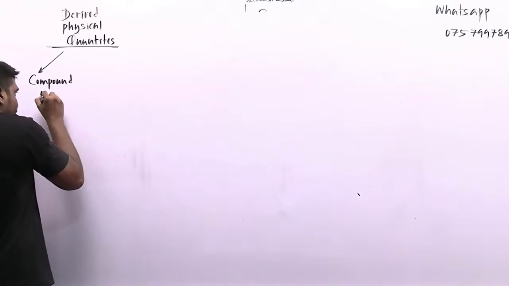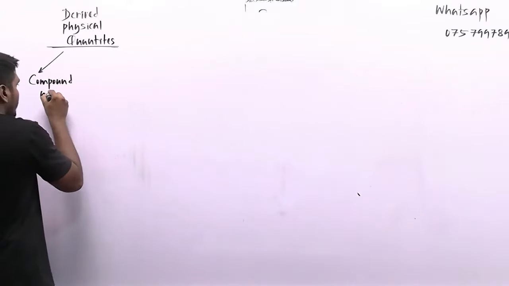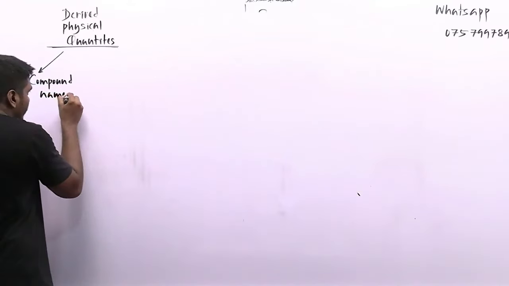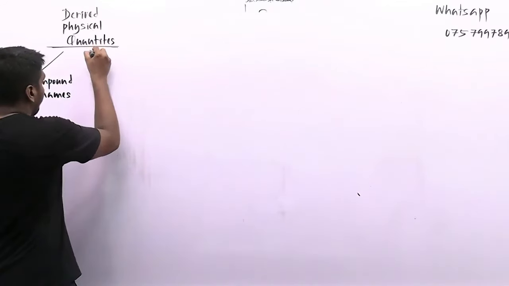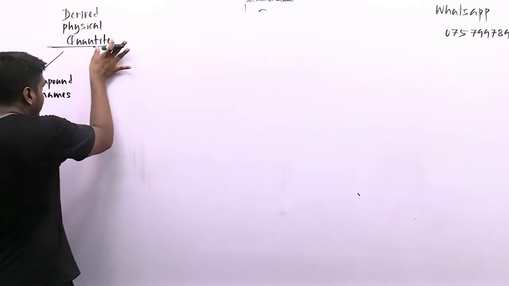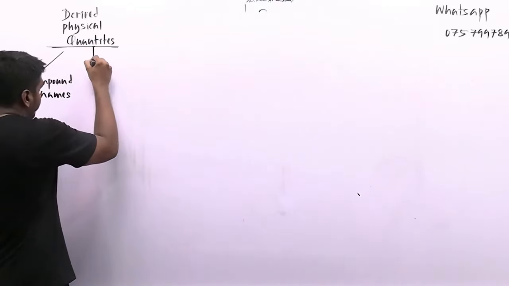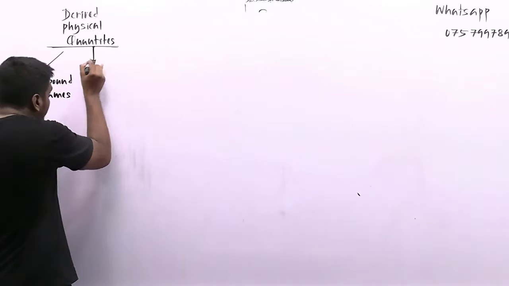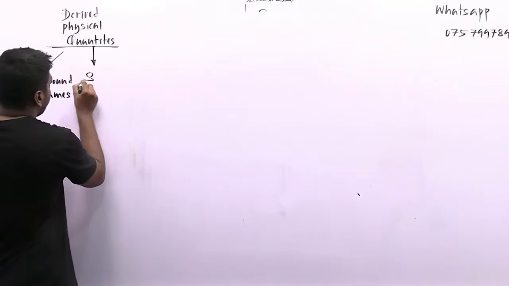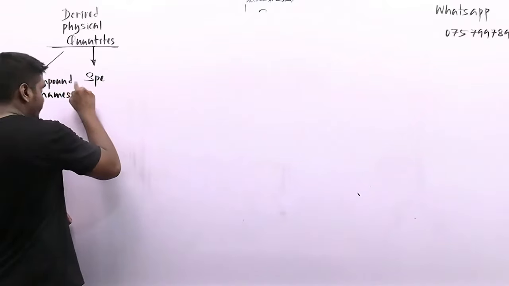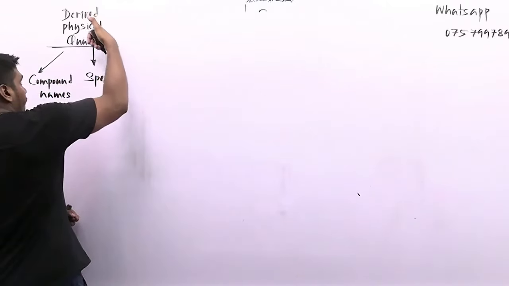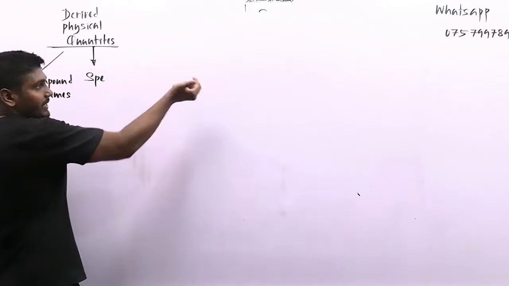The second category of derived physical quantity is derived physical quantities with special names. The third category is a mixture of these two, derived physical quantities with compound special names.